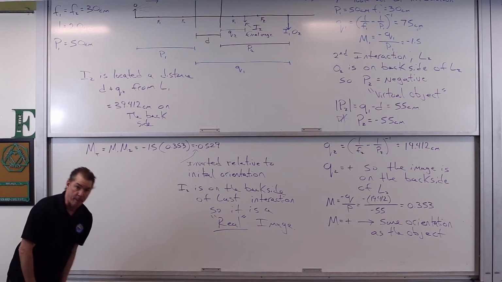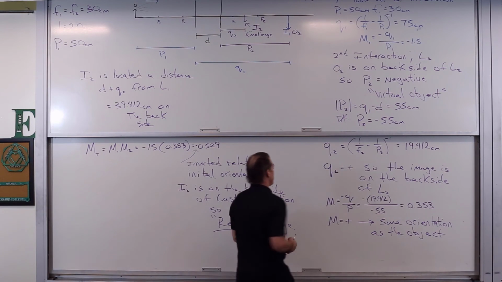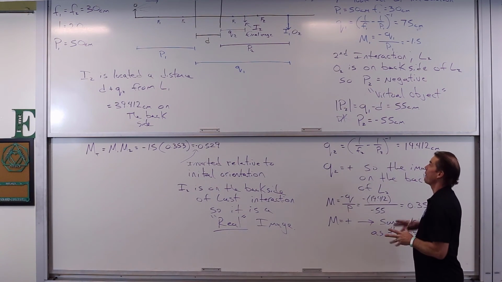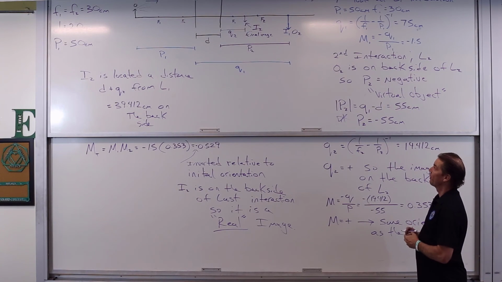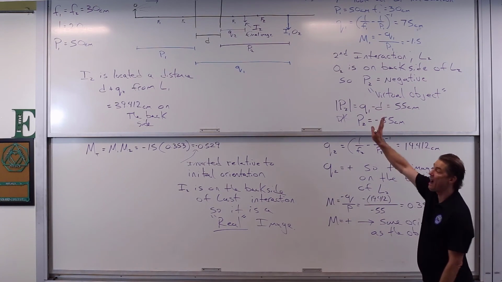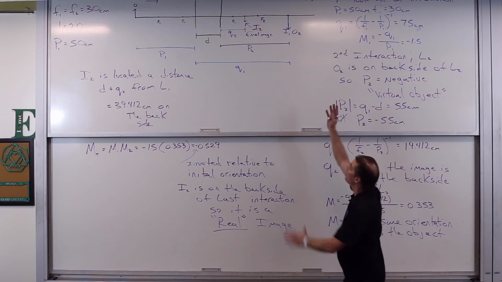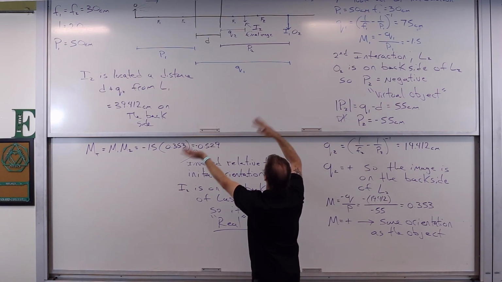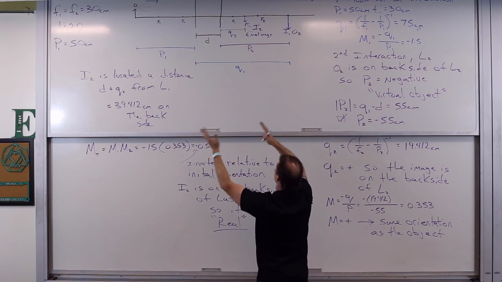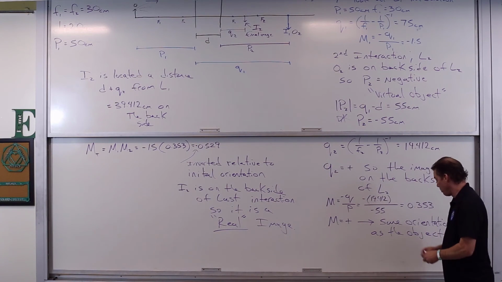Physical light exists on the back side of a lens. Physical means a real image, and that's basically that. Even though we had a virtual object for the second interaction, we still end up with a real image. Pretty cool indeed. So just keep track of stuff. Draw out a little picture of the scenario to make sure you're referencing the right things, because it's easy to get mixed up. As the focal points overlap, the distance between the lenses definitely matters. But these are pretty systematic, pretty cool problems.